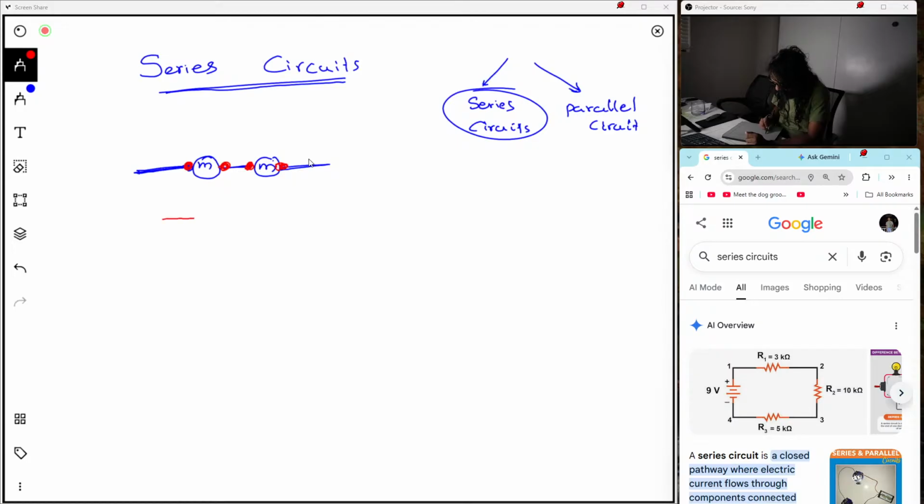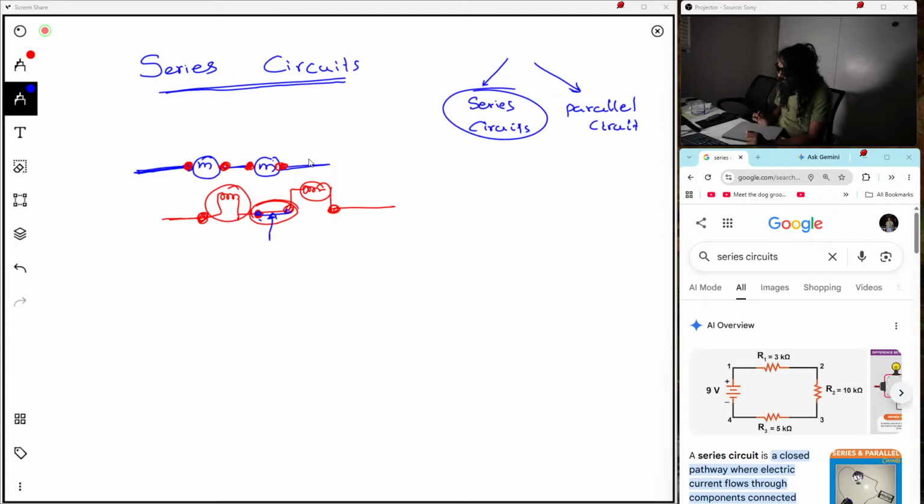If it is a lamp, I cannot remember the symbol of the lamp properly, but let's say it is something like this. It will be connected in this way, so the two terminals are linked through a wire in between.